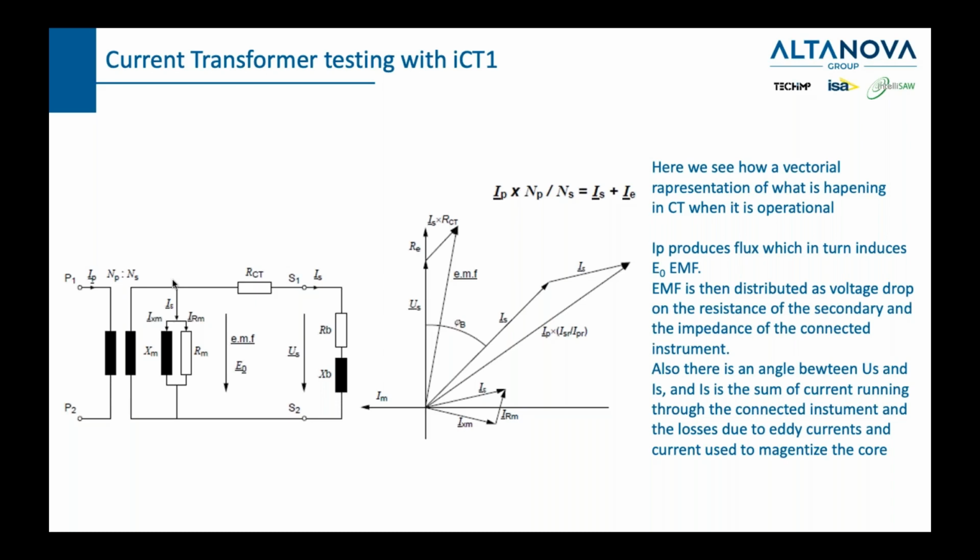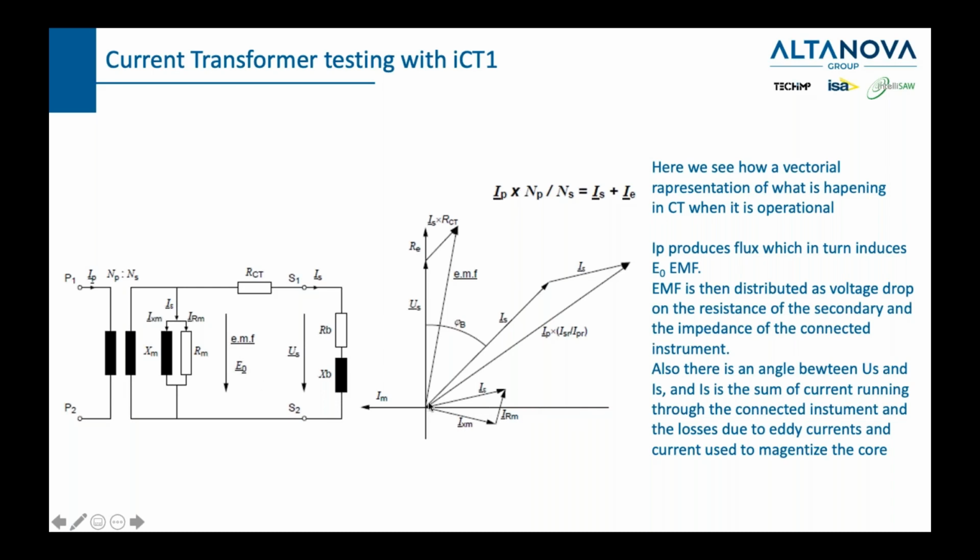The sum gives us the EMF, the electromagnetic force. And then also, as we can see here, we have IS added to I epsilon, which are the losses in the core, which in total gives us the vectorial sum of IP, which is the primary current, which produces all this flux, which is then translated and produces the electromagnetic force.